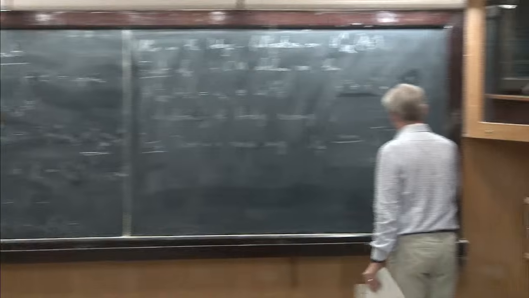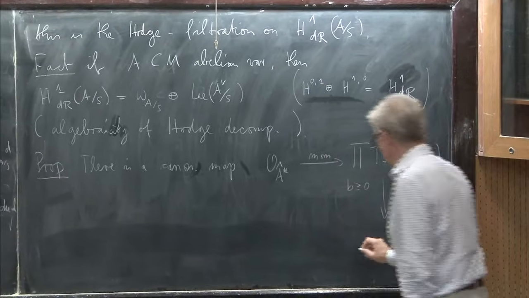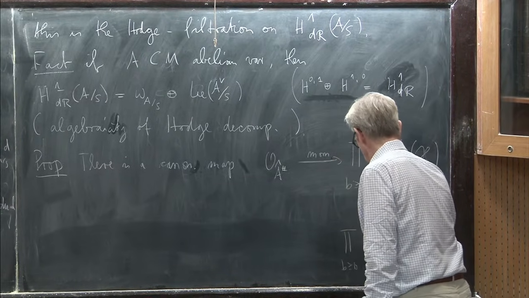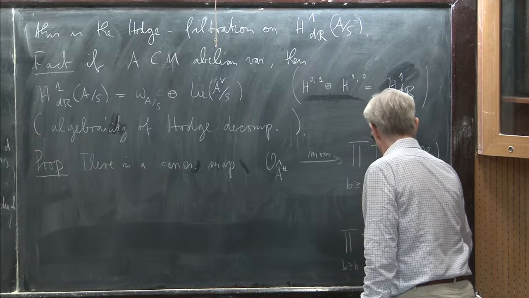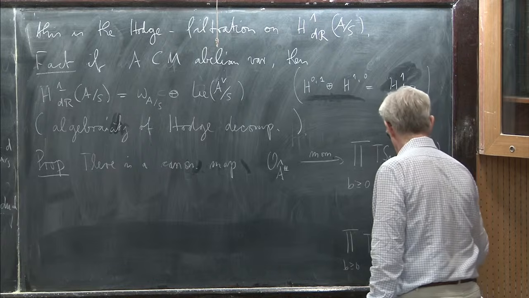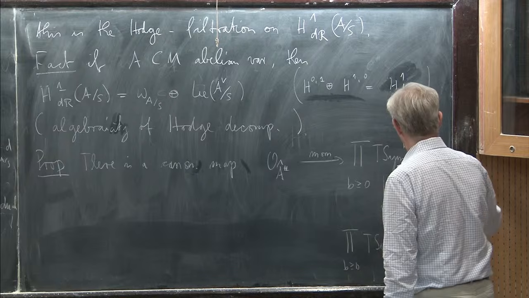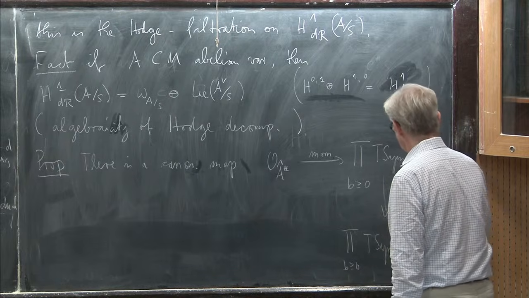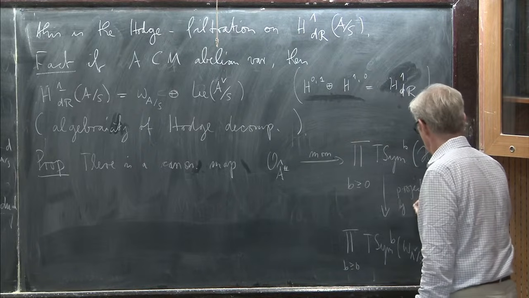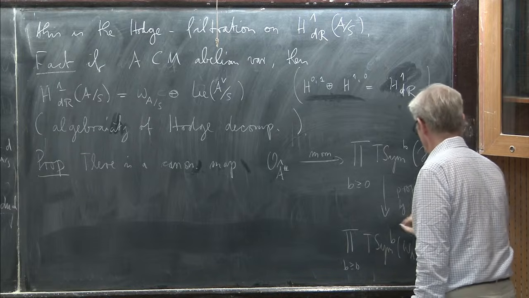And with the algebraicity of the Hodge decomposition, we can split this further. So we have a map to the product over B bigger or equal to 0 of Tsym B of omega A dual over S. By algebra, this is a projection, which exists only by the algebraic Hodge decomposition.